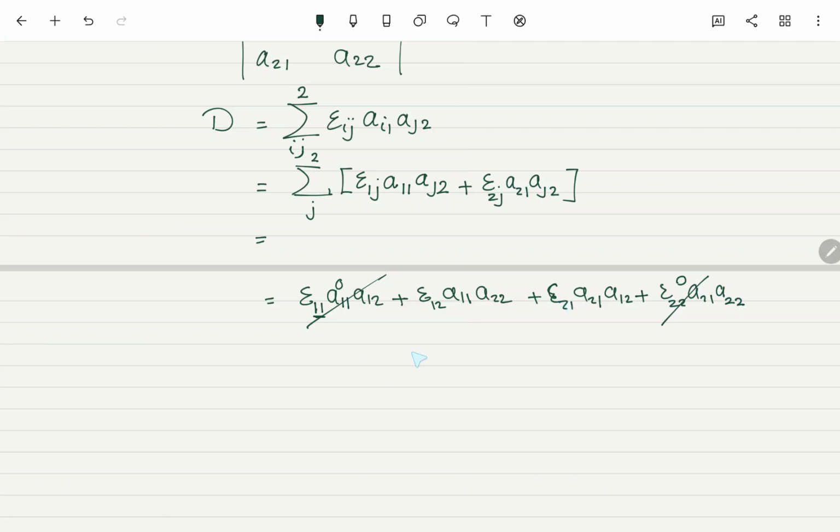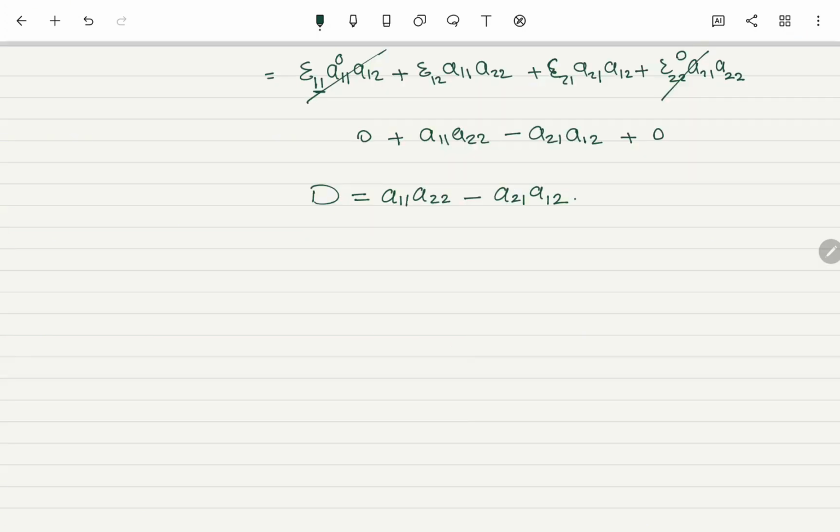So you will get 0 plus A11 A22, minus A21 A12, plus 0. So the determinant after all will be equal to A11 A22 minus A21 A12.